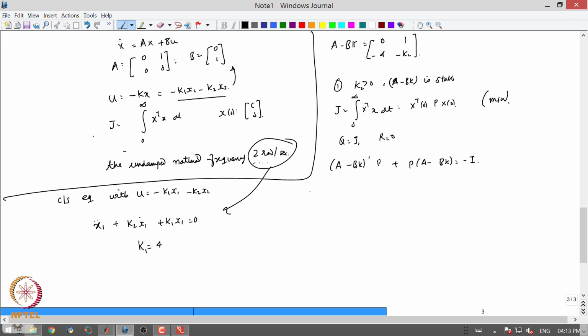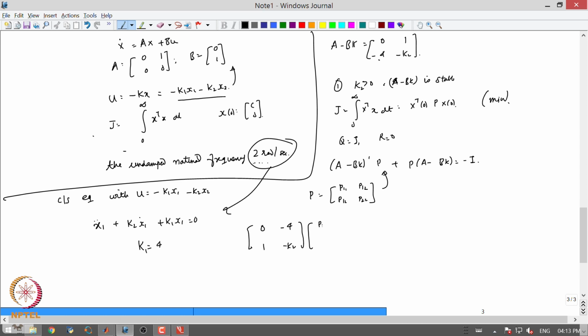Now, let me assume that P is of the form P11, P12, P12, P22, which is symmetric. So I just write it in this equation. What is my A minus B k? A minus B k transpose would be 0, minus 4, 1, minus k2.